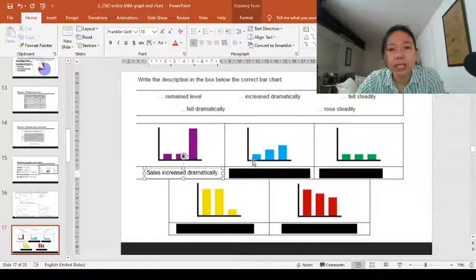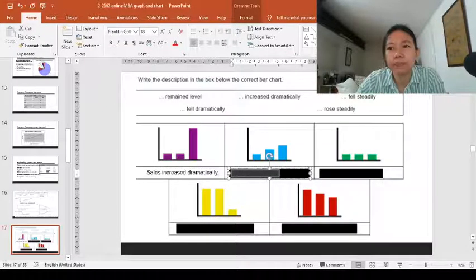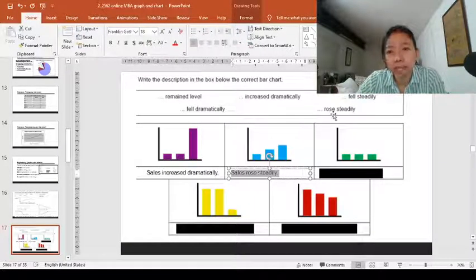Next, you can see the upward trend here, where the bars are going up in each quarter. So you can write something like: sales rose steadily. Here, nothing changed, so we can say sales remain level.